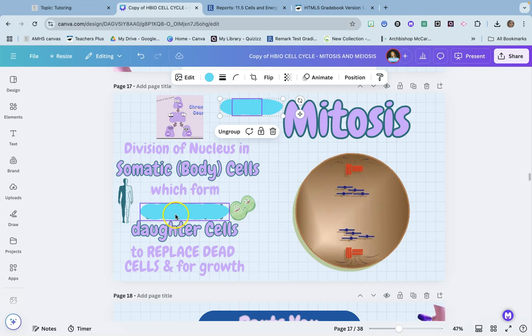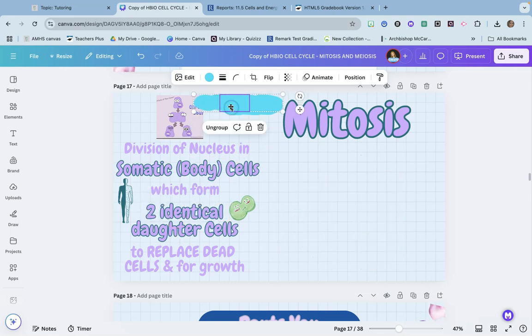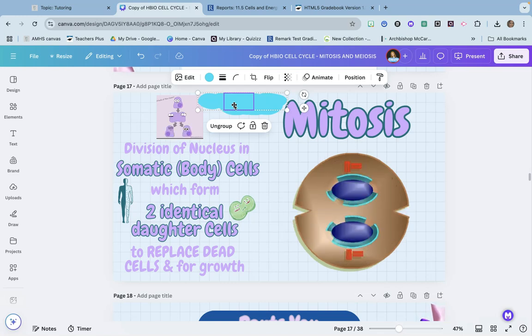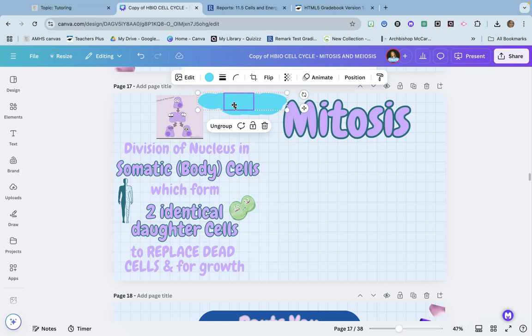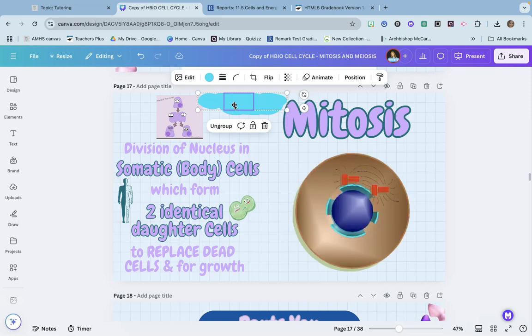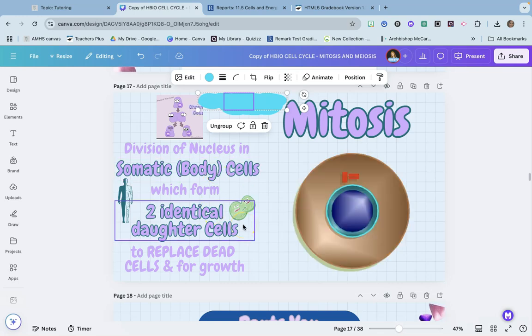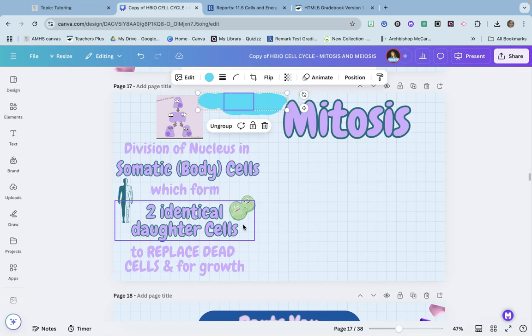Somatic cells divide to replace cells that have died or are going wrong, and to prepare for your growth. In order for you to grow, your cells have to divide, okay? These are lung cells, skin cells. All these cells in your body, other than sex cells, are considered somatic cells.